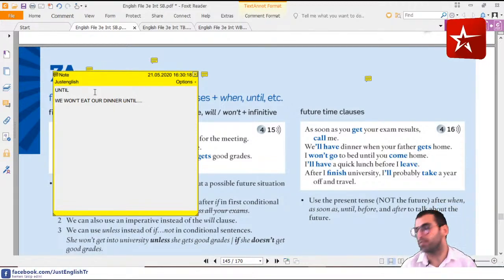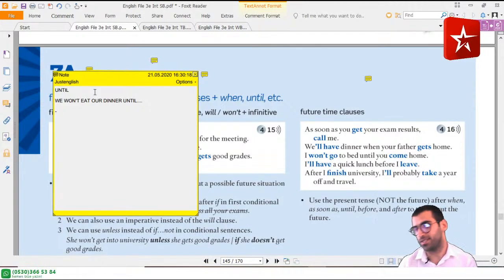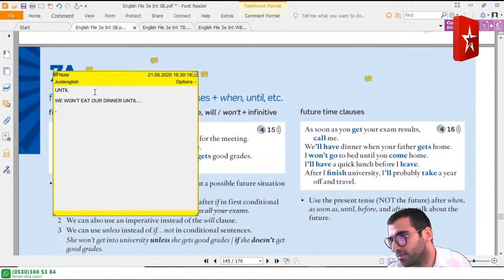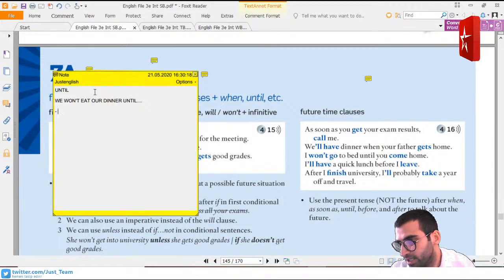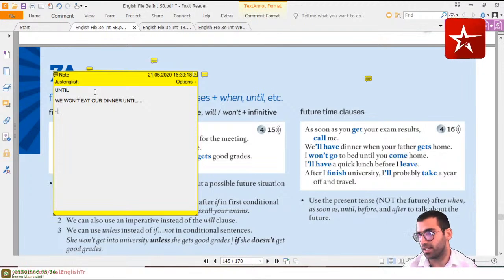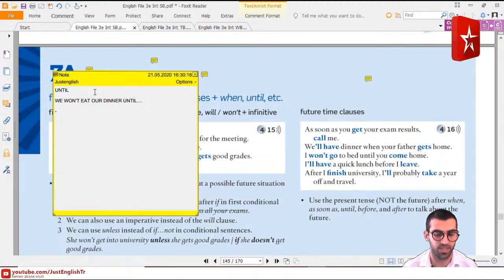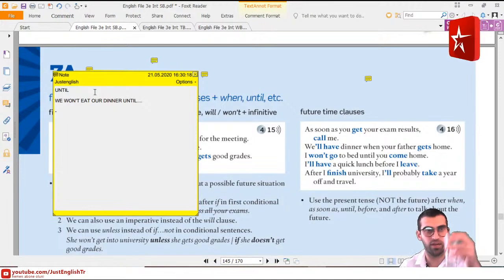We won't eat our dinner until, I'm waiting for your answers to complete this sentence. Yes, until what? If you have any idea for until, let's write it here and let me know how we can use until for first conditional sentences. I won't go to bed until you come home.